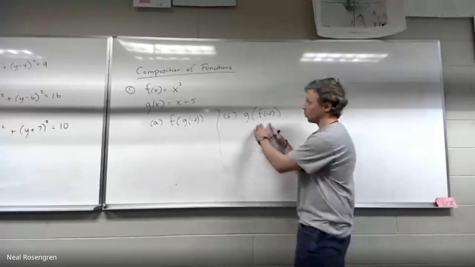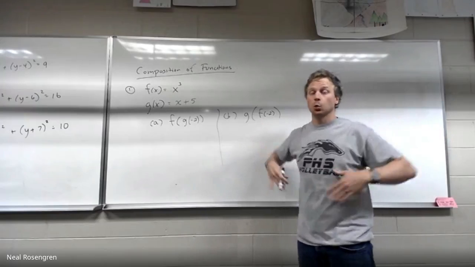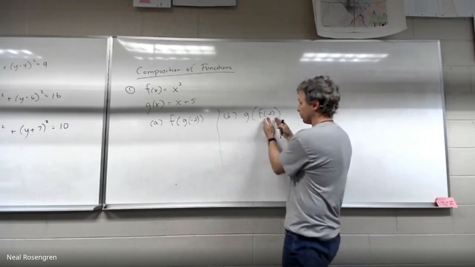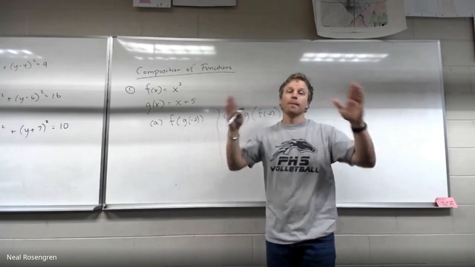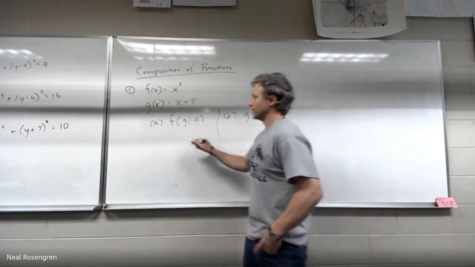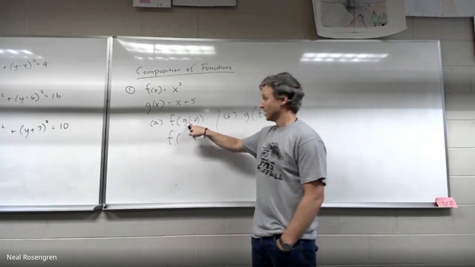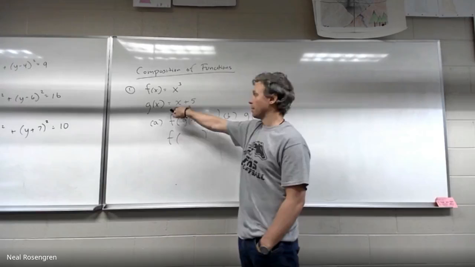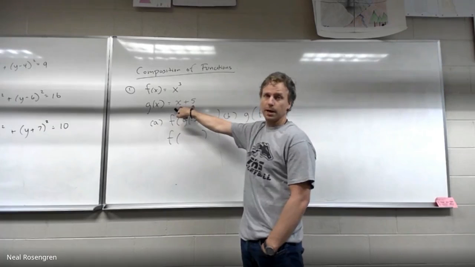The mindset you want to have when you deal with composition is to work from the inside out. Do the innermost parentheses first, and then build your way out from there. So what this inside says to do is take -2 and plug it into g and see what you get. So I'm going to drop -2 in right there and see what happens.